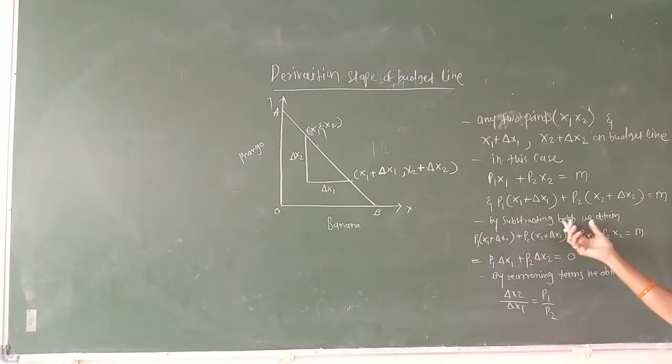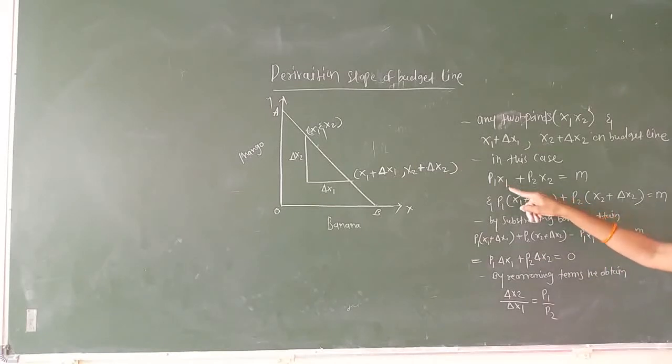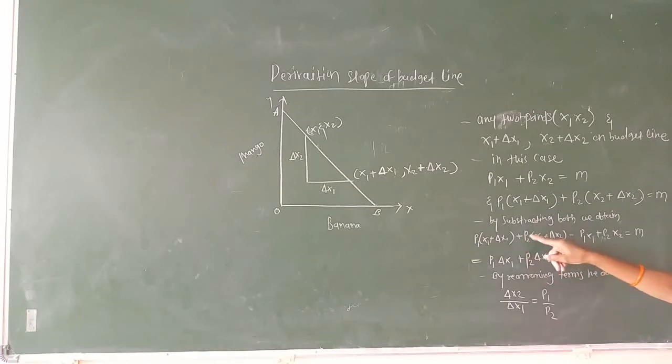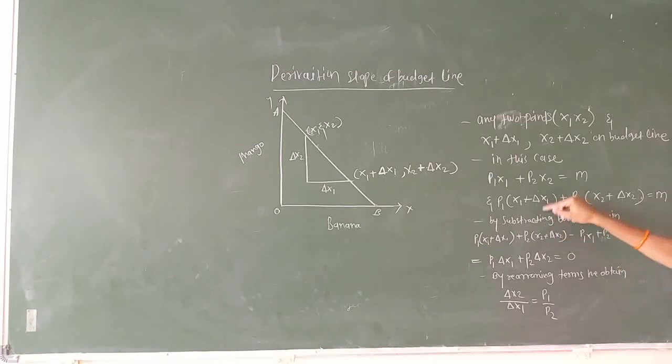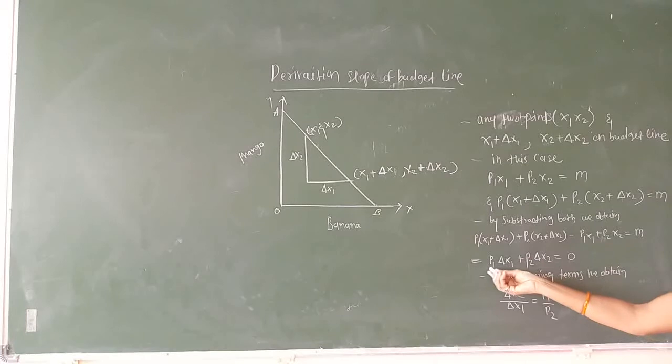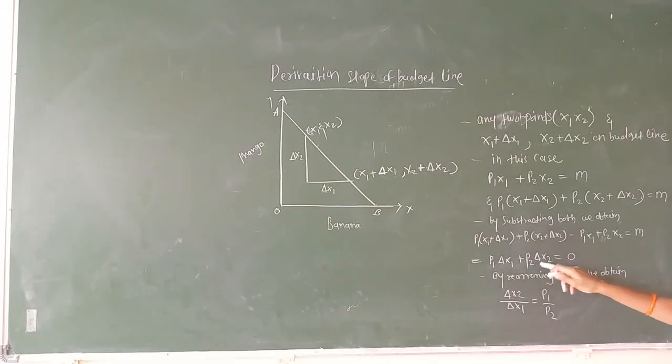By subtracting both, P1 x1 plus P2 x2 and P1 in bracket x1 plus delta x1 plus P2 in bracket x2 plus delta x2, we obtain P1 delta x1 plus P2 delta x2 is equal to 0. Why?